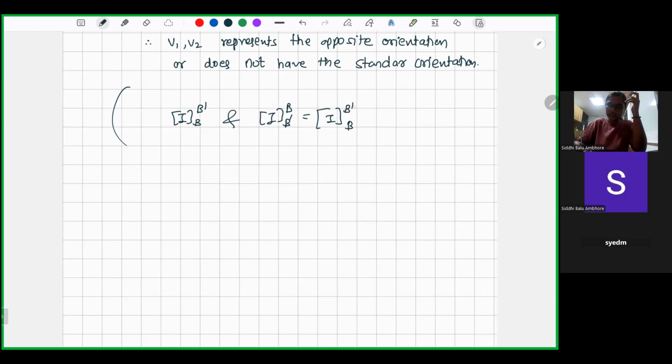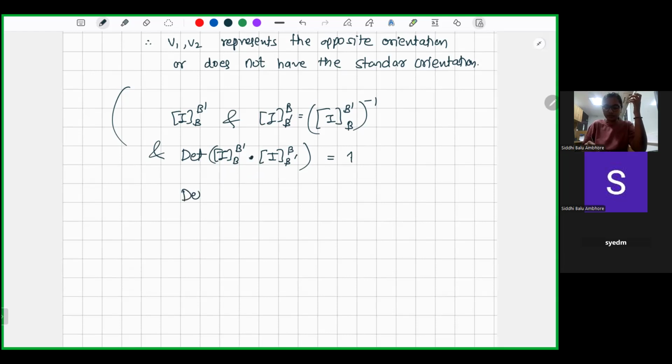And we know that the determinant of this product, I from B to B dash and I from B dash to B, will be one, because they are inverses of each other. So if this is negative, this has to be negative.